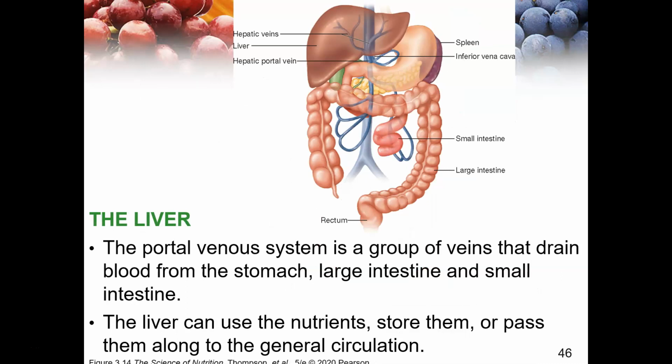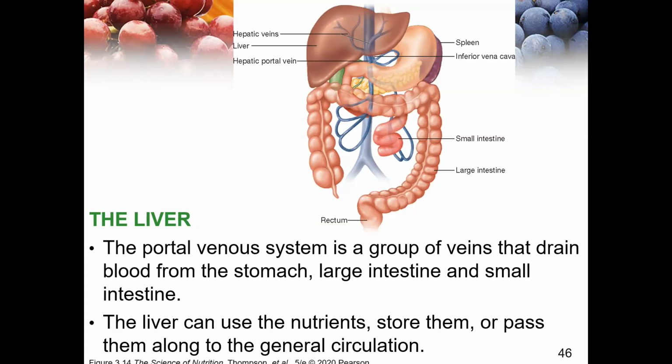And that is shown here in this slide that I showed you the other day, where we have the small intestine here, and then these show the blood vessels that drain the small intestine, and they all converge upon the portal vein right here, which is shown in blue, and then that delivers all of those monosaccharides to the liver. So then the liver decides what to do with them.